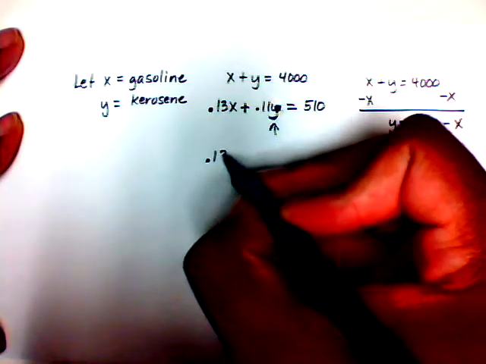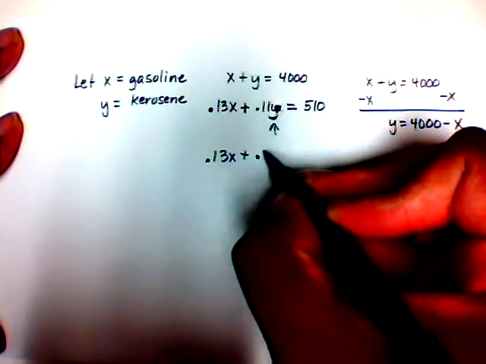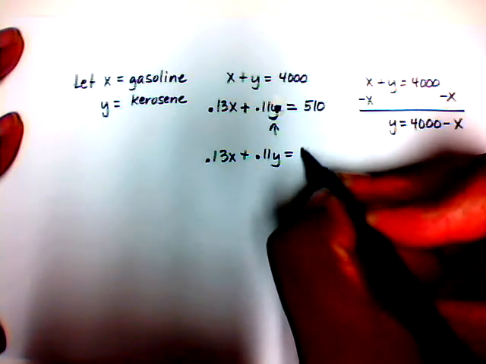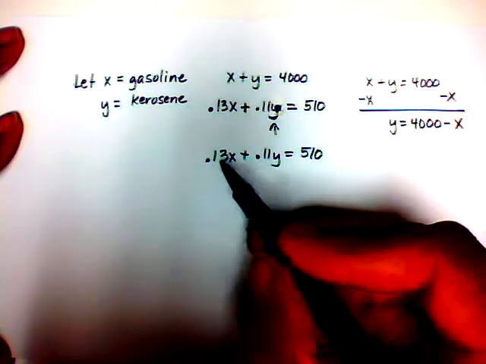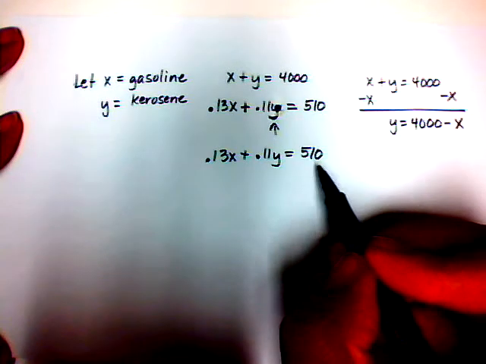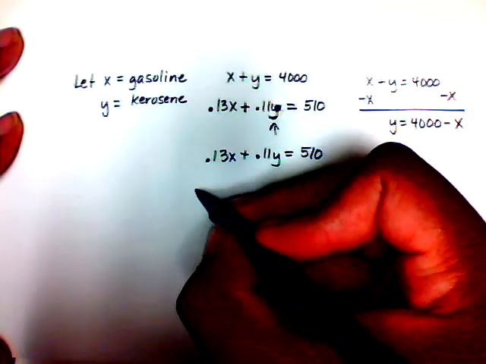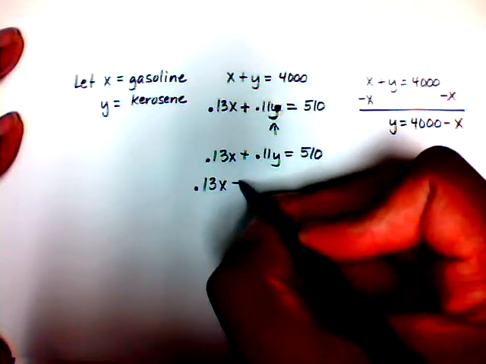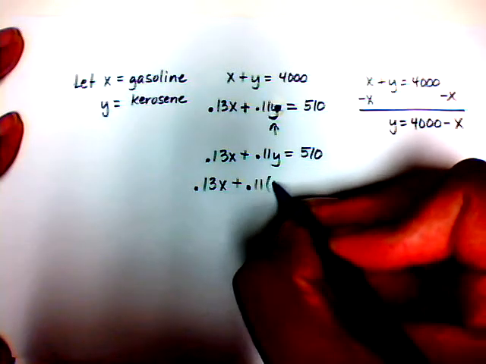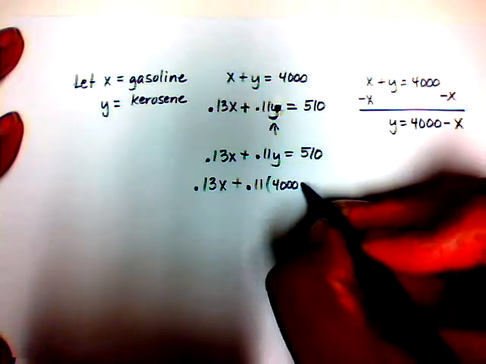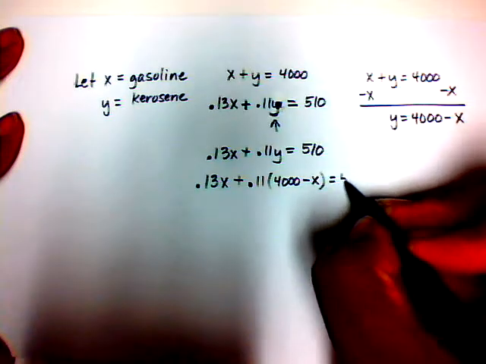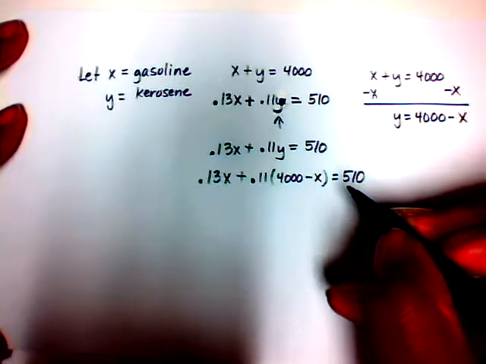So if I rewrite this, 0.13x plus 0.11y is equal to 510. Substitute the y with the 4,000 minus x, so you've got 0.13x plus 0.11 times 4,000 minus x, that's equal to 510.